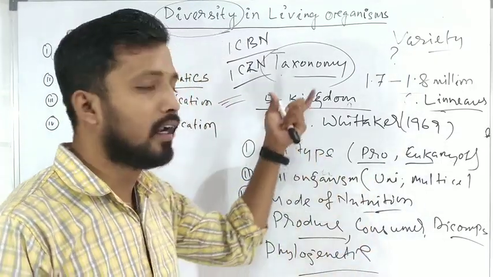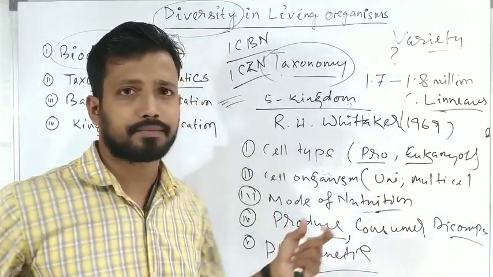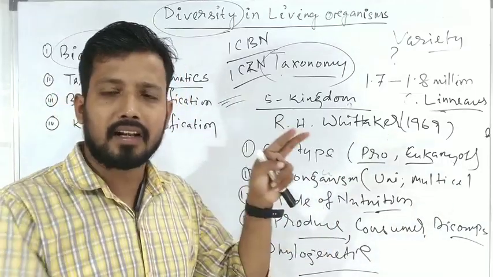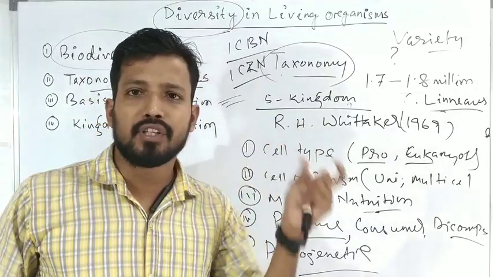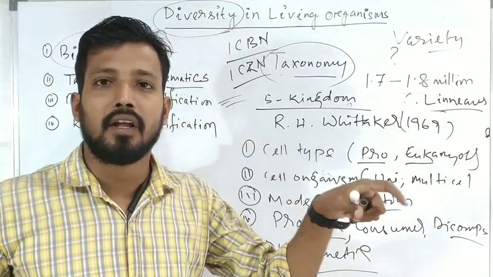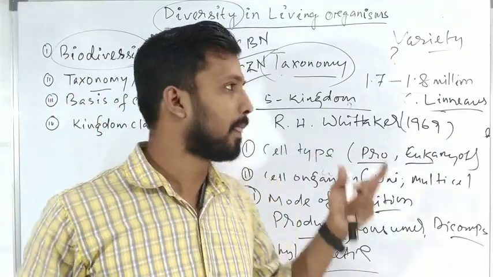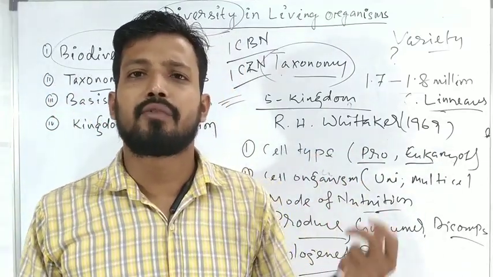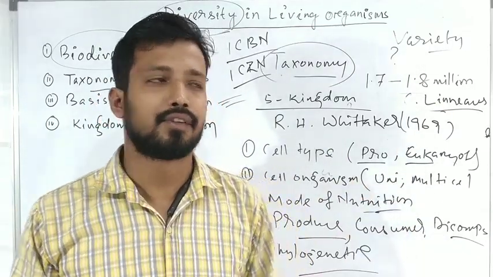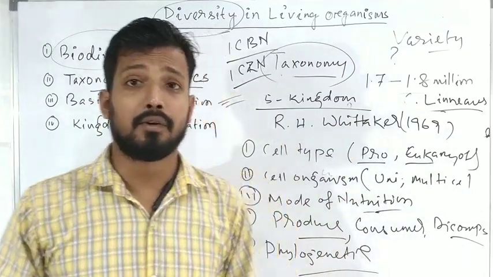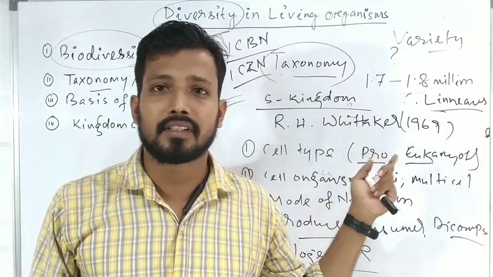When we go into detail in five kingdom classification, you will see the different kingdoms are placed in such a way: unicellular prokaryotic, then unicellular eukaryotic, after that kingdom Fungi, unicellular and multicellular eukaryotic, then Plantae and Animalia. So their evolution is shown. These are the different aspects by which he classified all the organisms into five kingdoms.